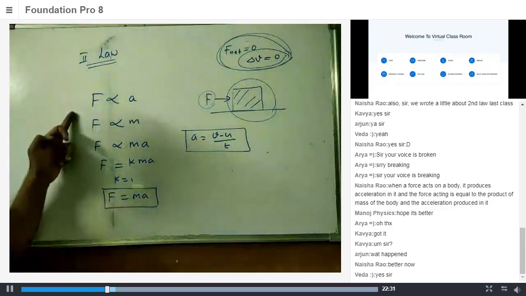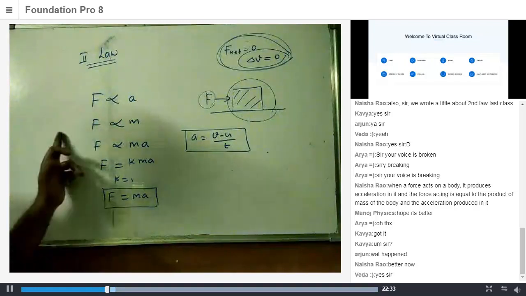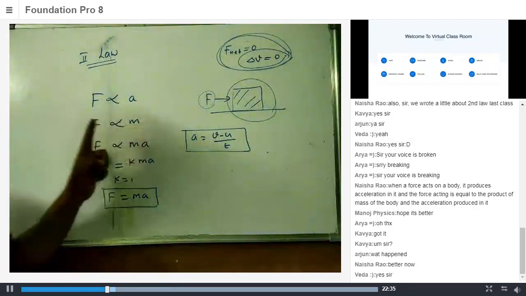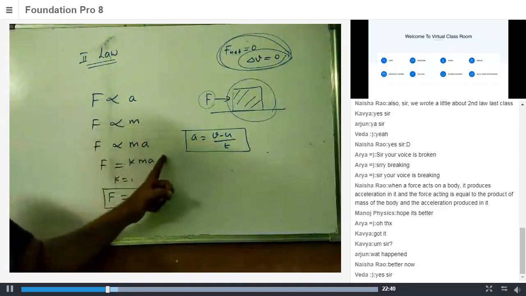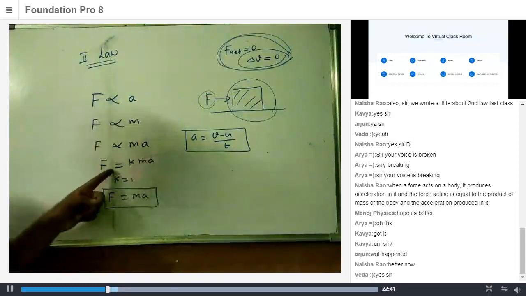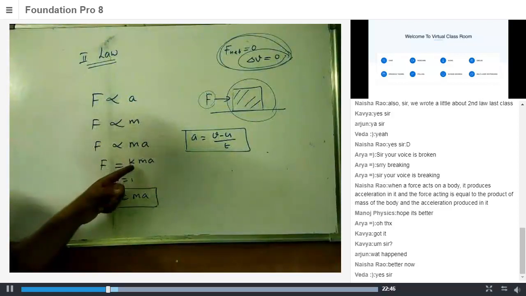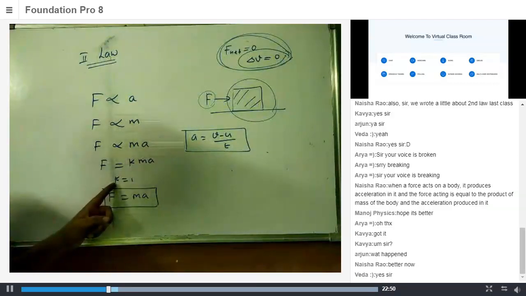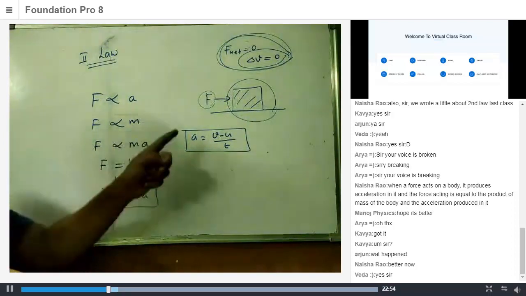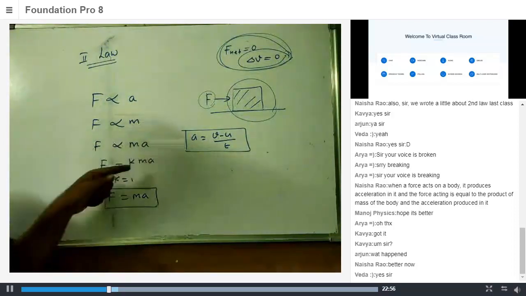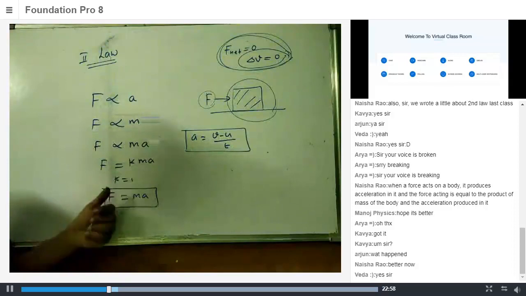If you take down these statements: F is proportional to a, F is proportional to m. From these two, I get F is proportional to mass into acceleration. To remove the proportionality and put equal to, I have to have a constant, and this constant is found experimentally. We find force, and mass into acceleration, and draw a graph. Then I find the slope of that graph. That is the constant.